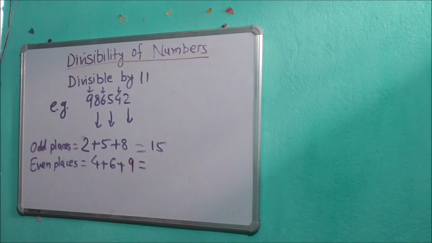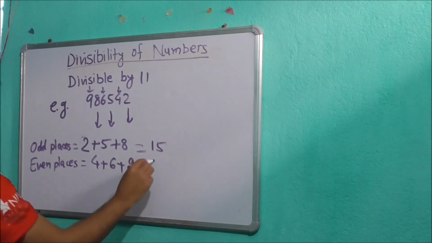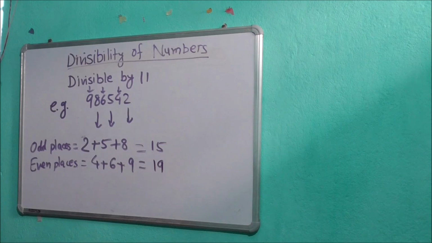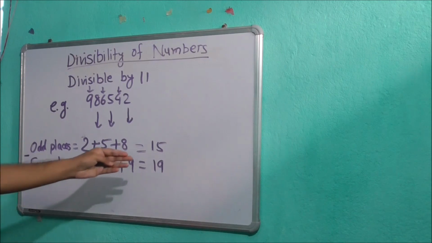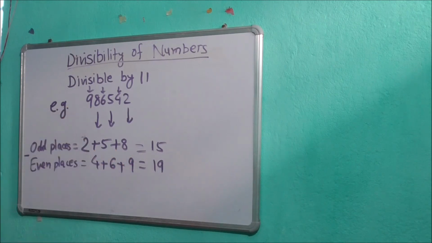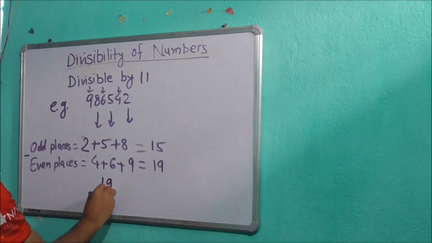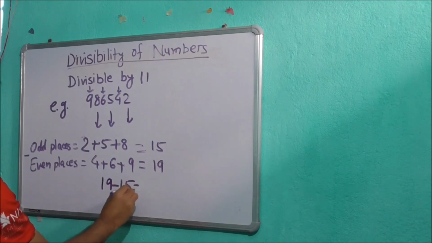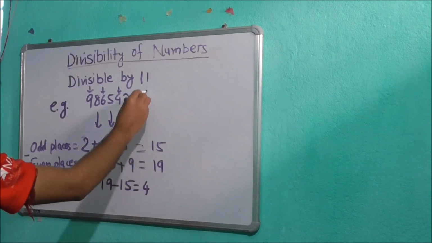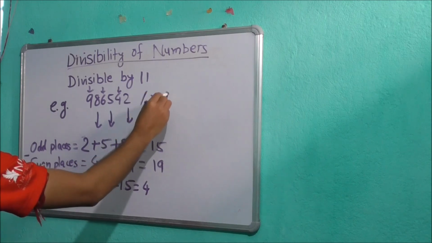So this is 19. Now you can subtract either even from odd or odd from even, whichever number is larger. So subtract 19 minus 15, that is 4. So this number is not divisible by 11.